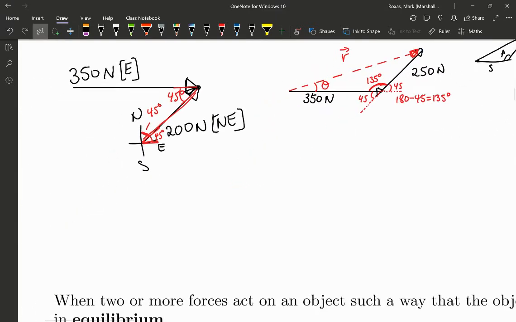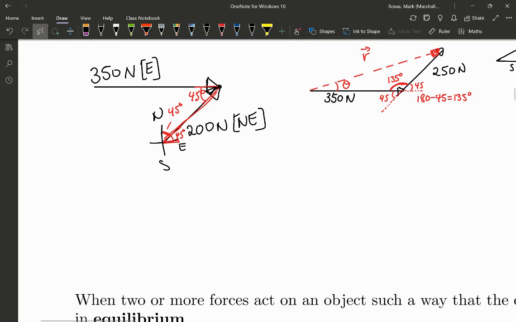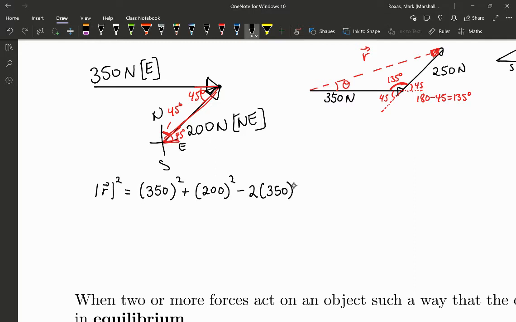Okay, so let's use the cosine law to help me solve for the resultant. Let's find some space over here. So the resultant vector r squared equals 350 squared, 350 newtons squared, plus the other side's 200, so 200 squared, minus 2 times 350 times 200 times the cosine of the angle between them, 135 degrees.